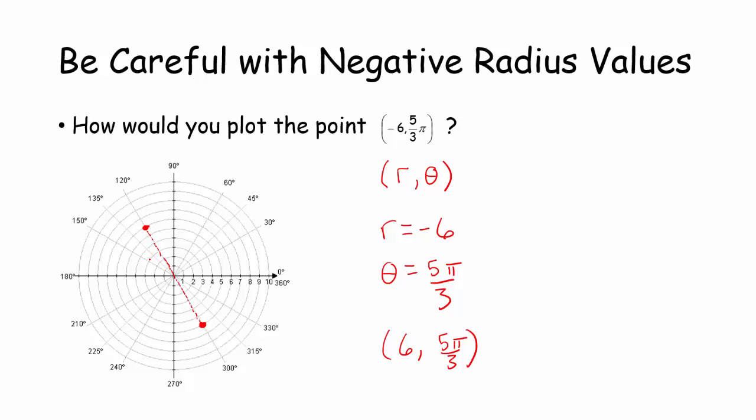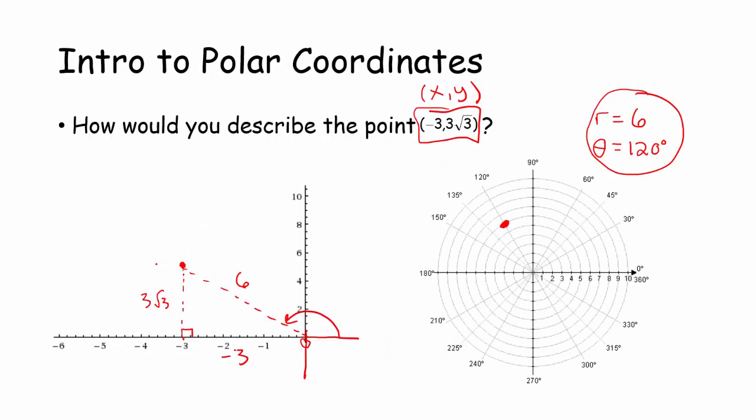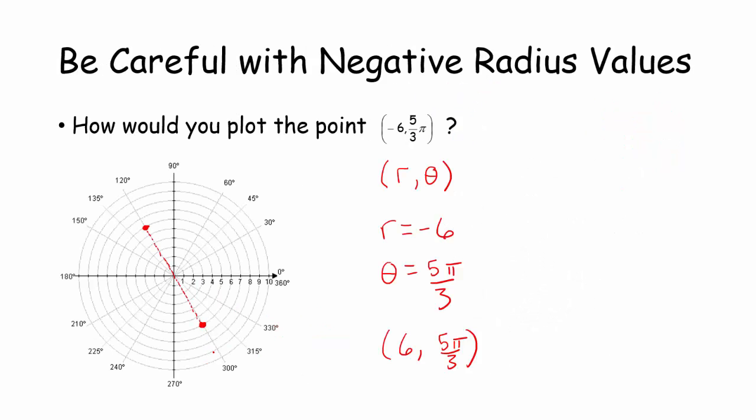But similar to Cartesian points, if I was plotting a point x comma y, you can think of the y value first. So just to hop back to this other screen, if I wanted to plot this point, I could have gone 3√3 units up and then 3 units to the left. I'd still wind up at the same point as if I went 3 units left and 3√3 up from the origin. So same thing applies in polar. What if I wanted to go 6 units out in the negative direction first?